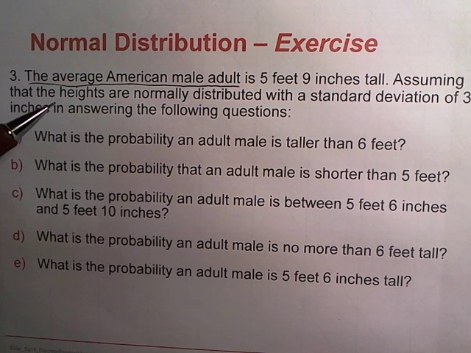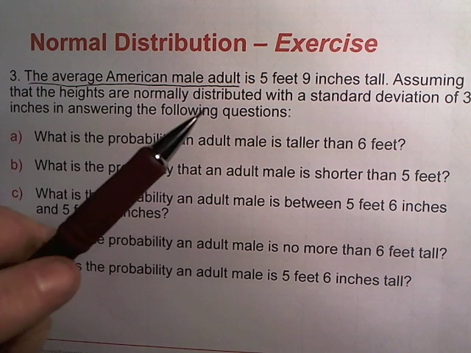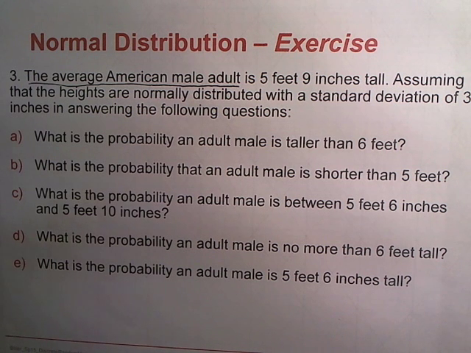By this, I know that I'm looking at a population measurement as opposed to a sample measurement, because we're looking at every American male adult rather than a random sample of that population.